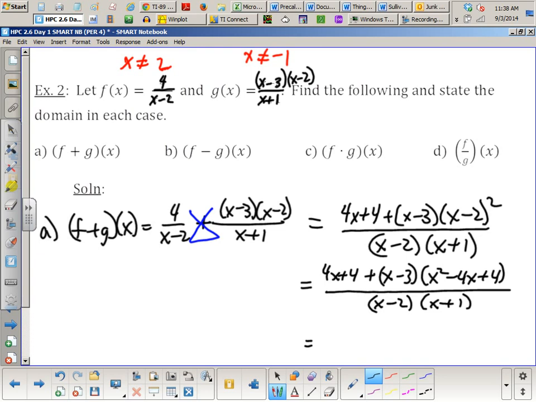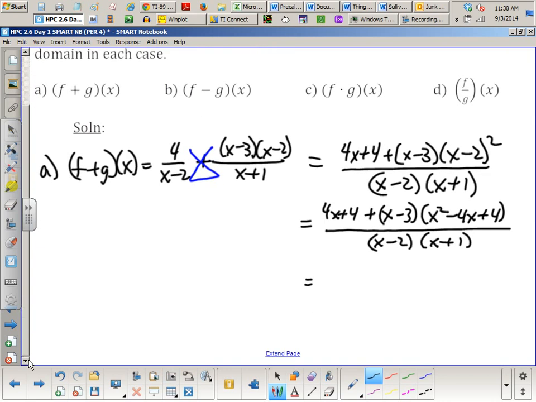And you continue to work this out just to get it cleaned up so it looks like the one in the back of the book. Okay, so we have 4x plus 4 plus, and then we have an x cubed minus a 4x squared plus a 4x minus a 3x squared plus a 12x minus a 12.